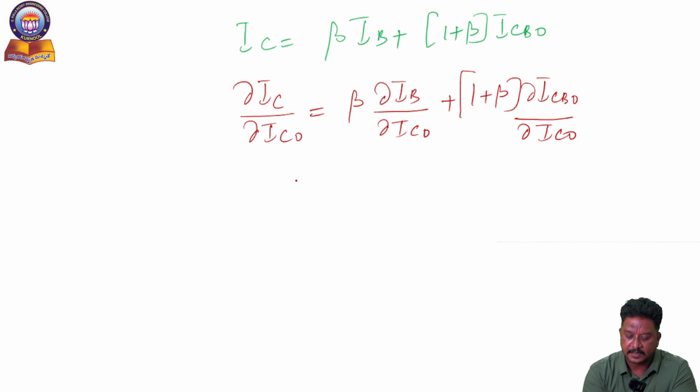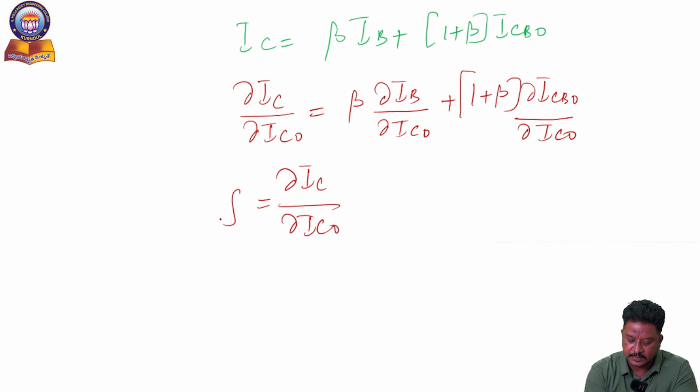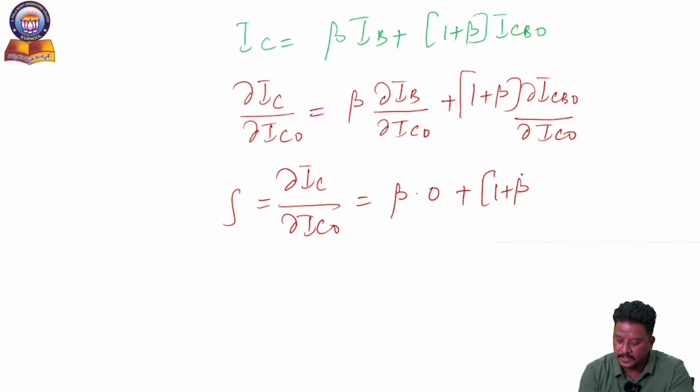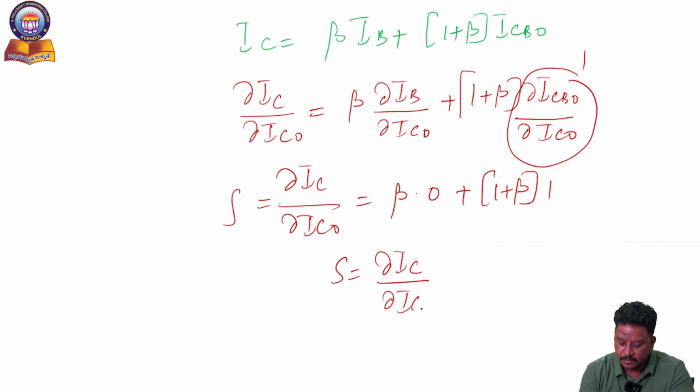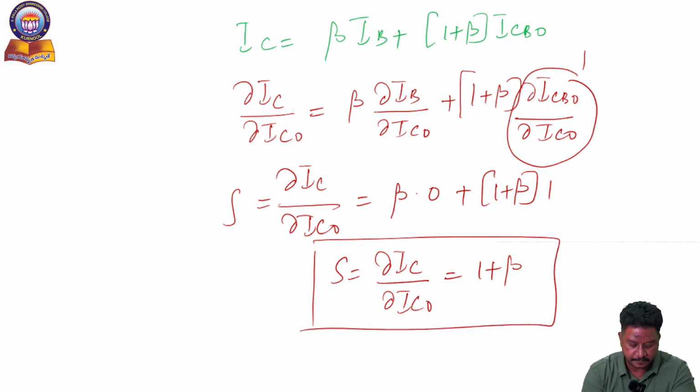The stability factor is defined as dIC by dICO. Now considering IB as constant, beta into 0 plus 1 plus beta into this quantity, which is unity, the stability factor, the change of collector current with respect to change of ICO, is equal to 1 plus beta. This is a very high value.